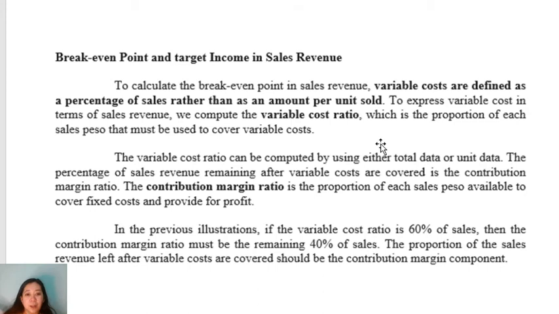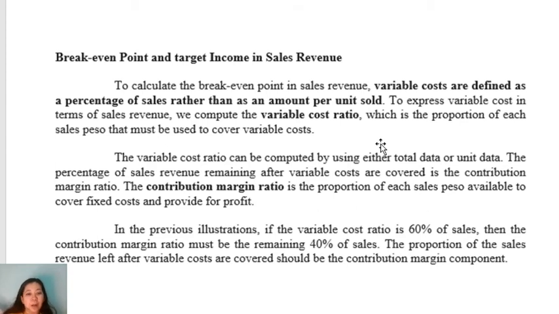What about the contribution margin ratio? The same also, this is the proportion of each sales peso available to cover fixed cost and provide for profit. This is also determined by dividing the contribution margin by the sales revenues.